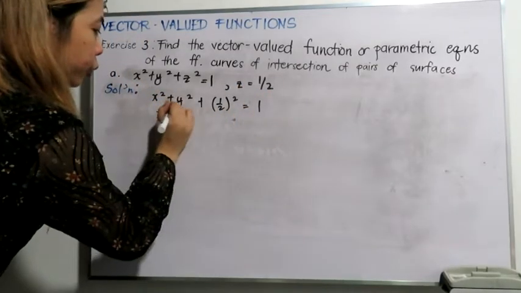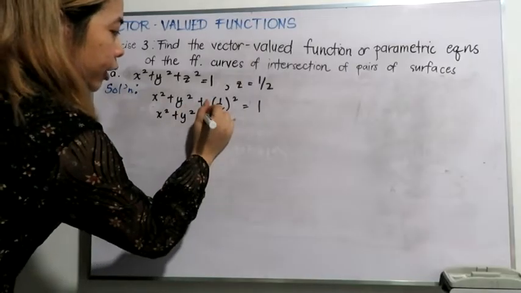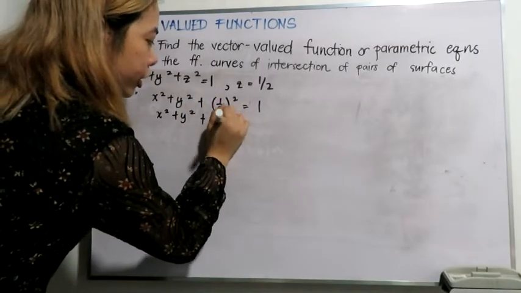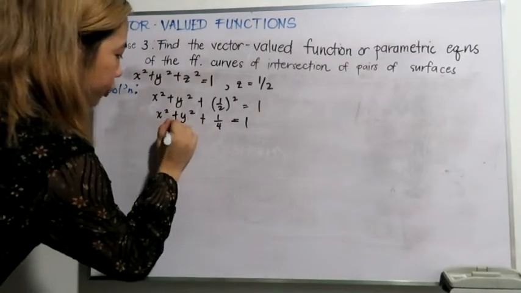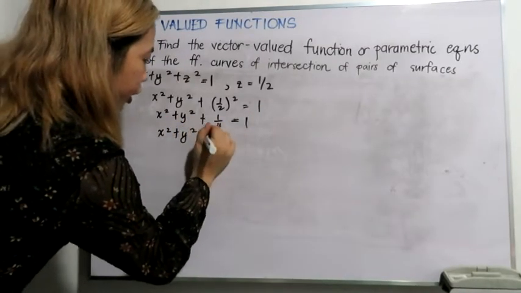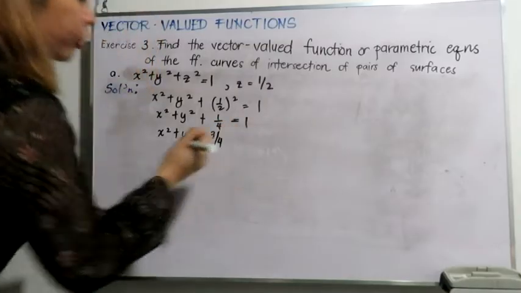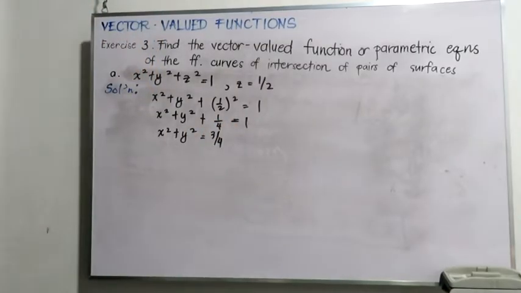Simplifying, we have x squared plus y squared plus 1/4 equals 1, giving us the equation x squared plus y squared equals 3/4, which again, we are familiar with the parametrizations of.